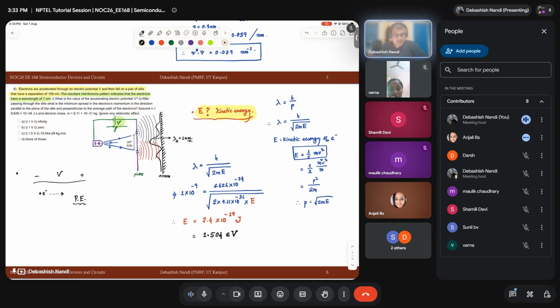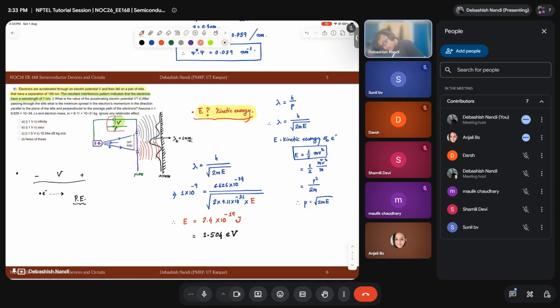So basically what is happening? This battery is giving me potential energy, and this is making the electrons accelerate. Once the electron starts accelerating with some varying velocity v at any time instant t, it is converting the potential energy it has received from the battery to kinetic energy, passing through these slits and getting interfered.